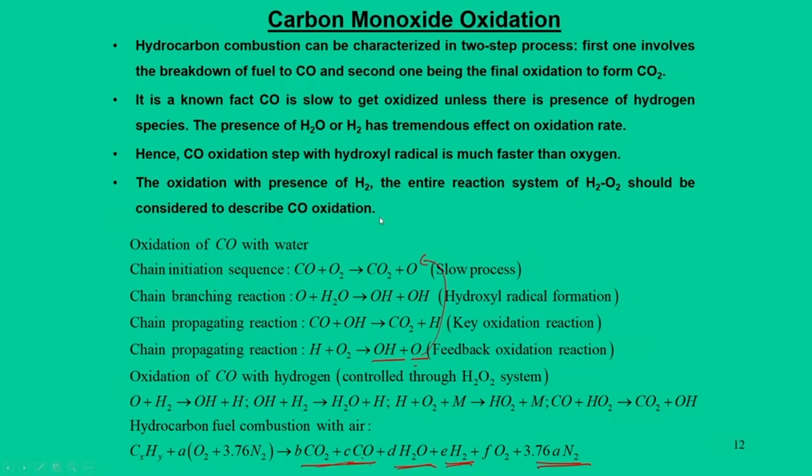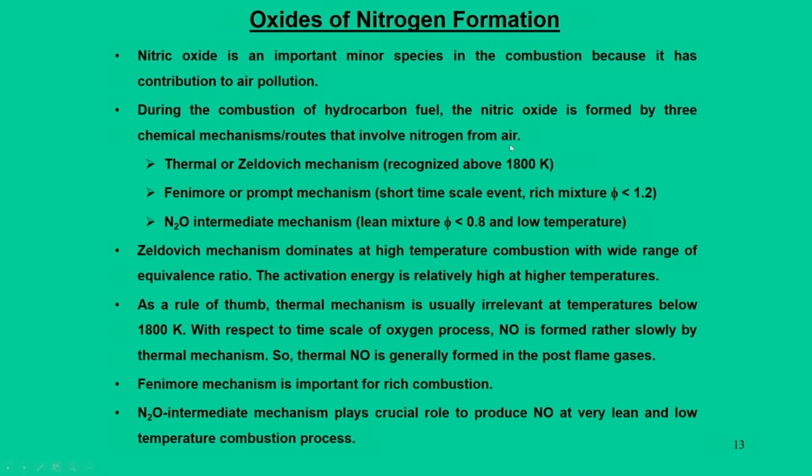So, the combined effect is how you are going to do the oxidation of carbon monoxide. To do that we must go through the HO2 or H2 route, because they have a tremendous effect in enhancing the oxidation rate.